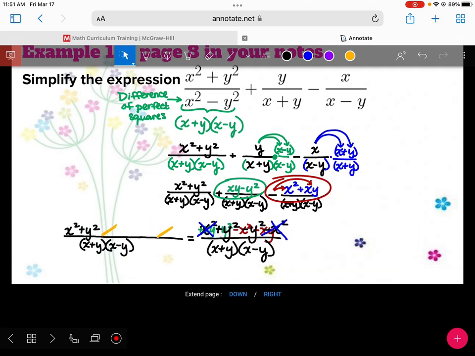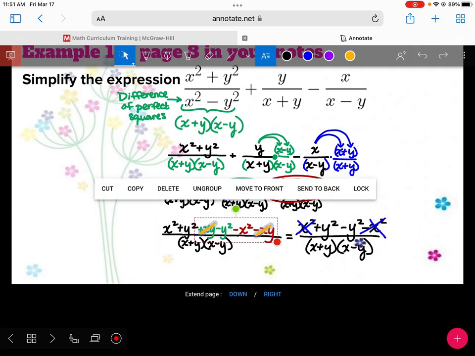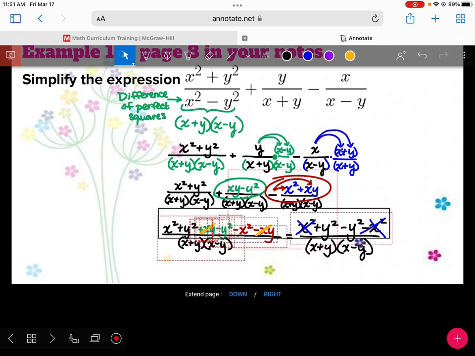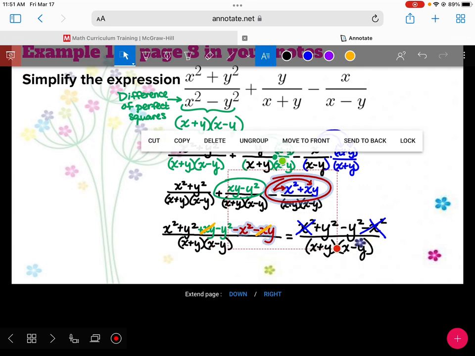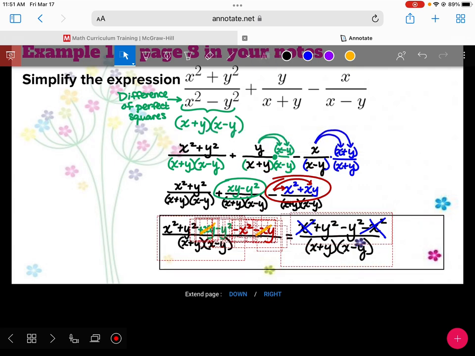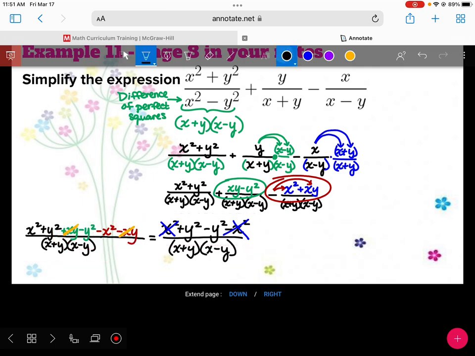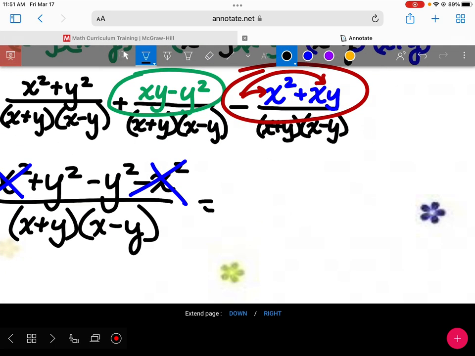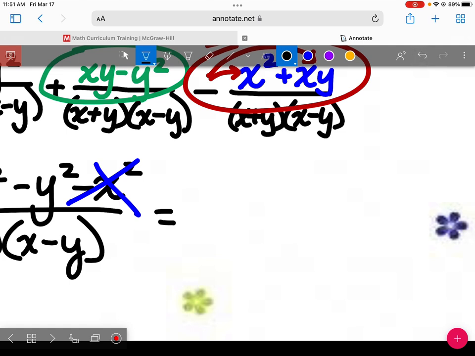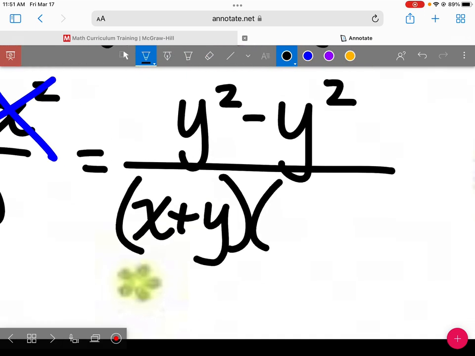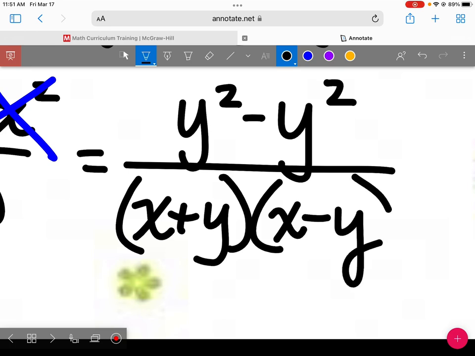Hold on just 1 second. I'm going to scoot this over so that I've got room. I just want to look at this a piece at a time. Y squared minus y squared over x plus y times x minus y.